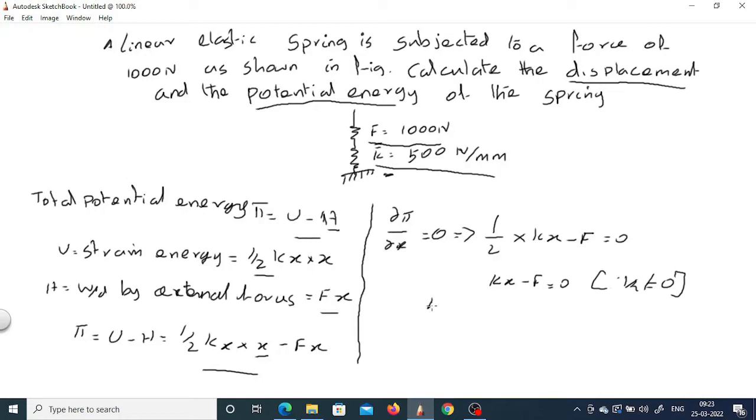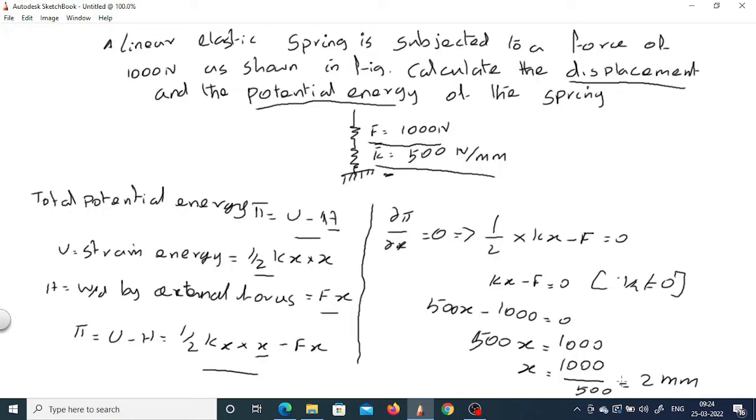From this we get 500 x minus 1000 is equal to 0. If I simplify, 500 x is equal to 1000. So x is equal to 1000 divided by 500, which is equal to 2 mm, which is the displacement I got from the total potential energy equation.